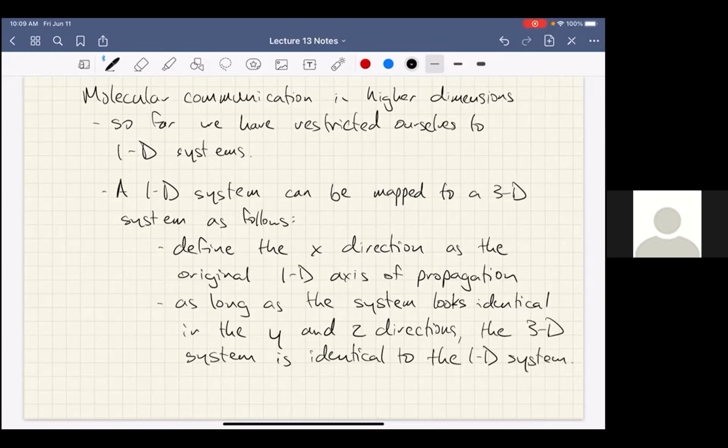So this is just a way of thinking about how to map from the 1D systems that we've talked about to 3D systems, and then we can generalize.